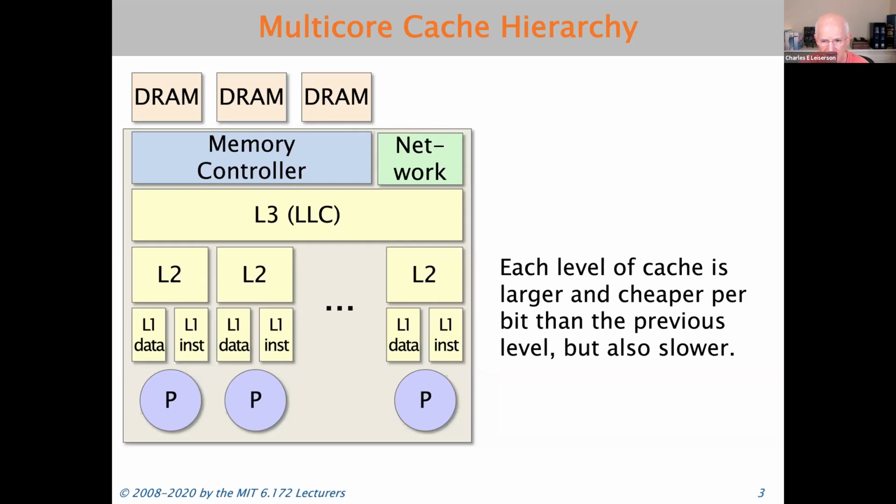Each level of cache is bigger and slower than the previous level, also cheaper, which is why you try to optimize for the bargain components. DRAM is a bargain component.